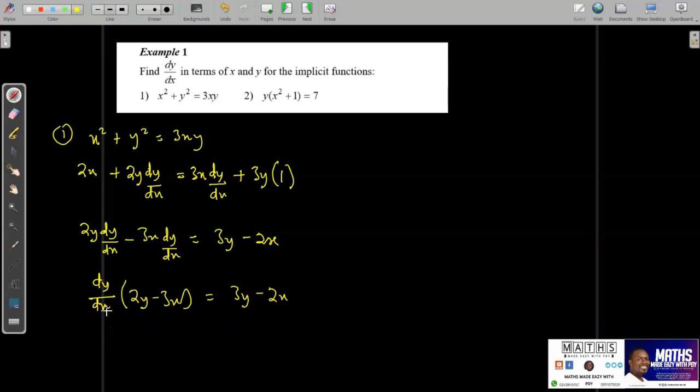You divide by 2y minus 3x. Wonderful. So we divide through by 2y minus 3x. So it will be left with dy dx equal to 3y minus 2x all on 2y minus 3x. And that is the solution to the question there.